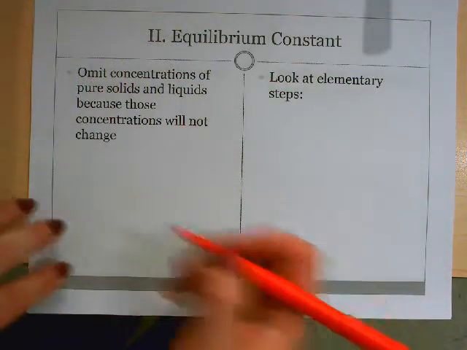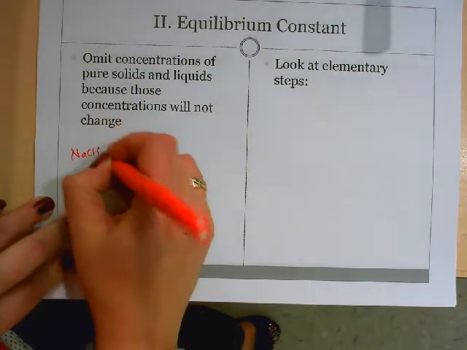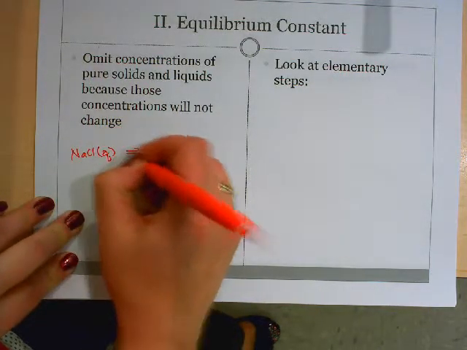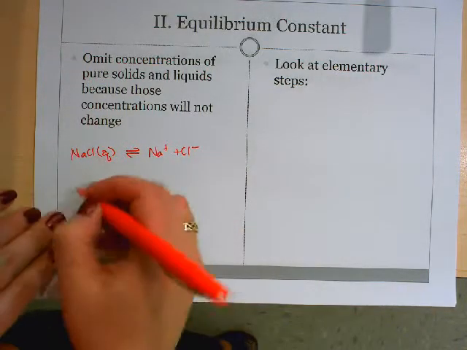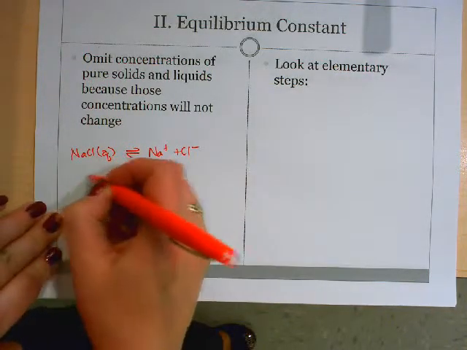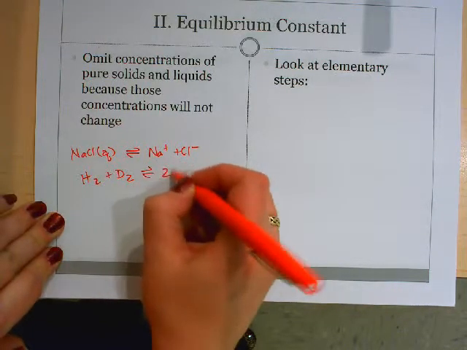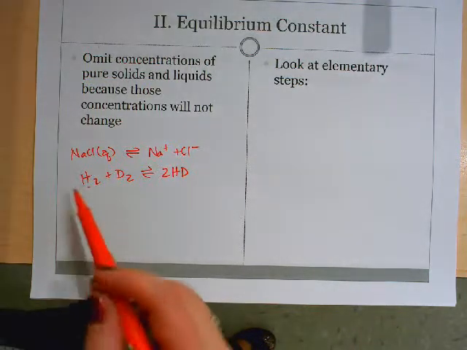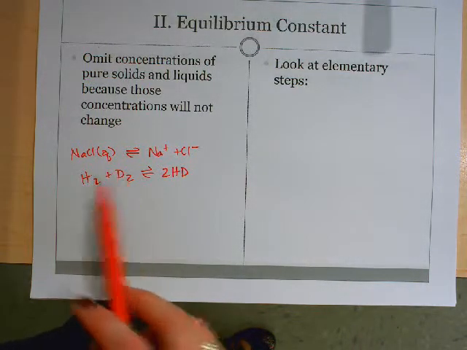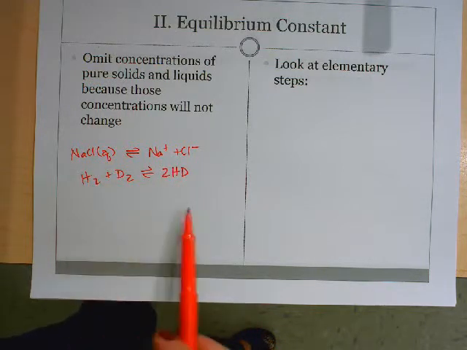Alright, so for all the reactions we've done so far, in these cases, I was reacting an aqueous thing to make ions, or two gases to make a new gas.